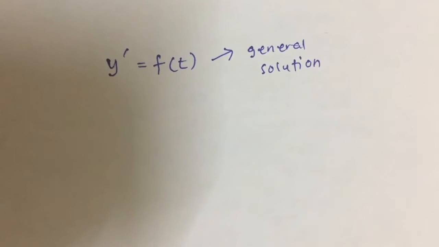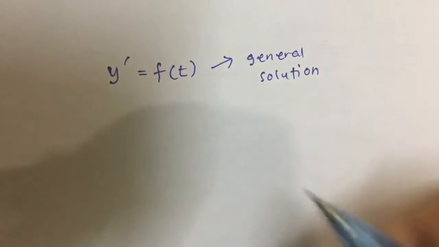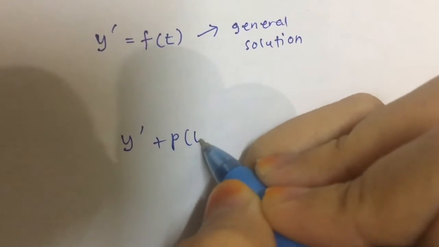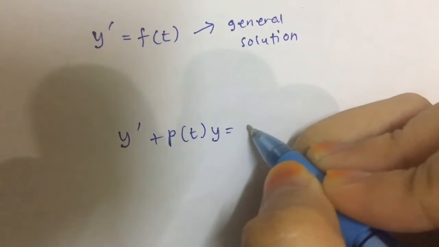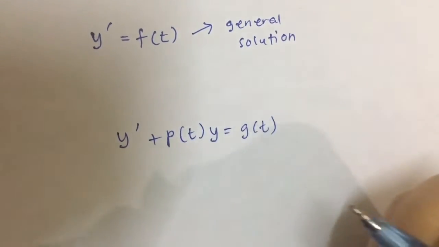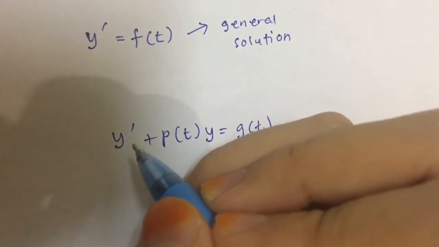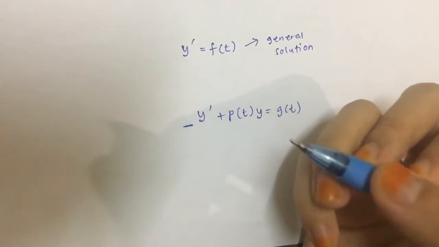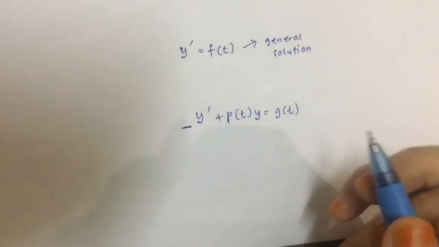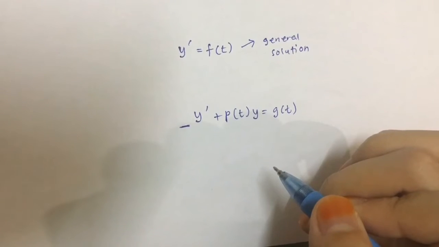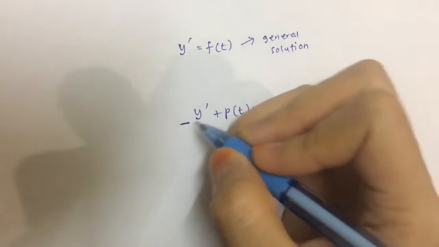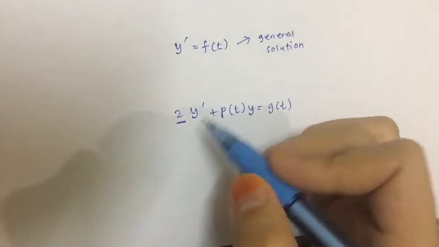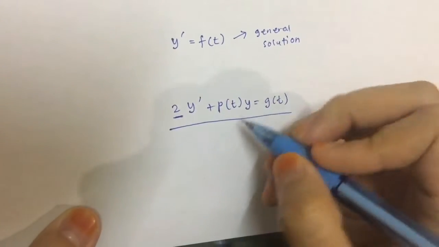We have to make sure the equation is in the standard form, which is y prime plus p(t) y equal to g(t). If the leading coefficient is not equal to 1, we have to divide the equation through by the coefficient of y prime. For example, if the coefficient is 2, we have to divide the whole equation by 2.